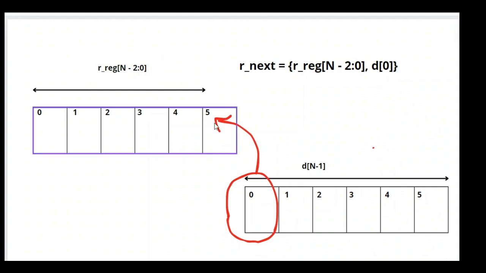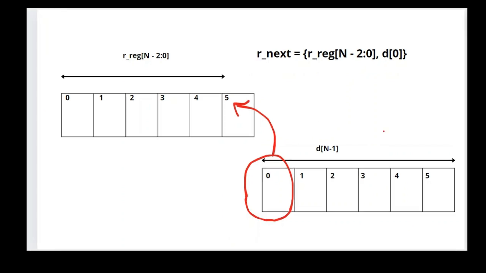Here we have excluded the MSB, taken the first bit of the input, concatenated it with the current state of the register, and assigned it to the next state. This is how we are doing the left shift. And then let us see how we will do the right shift.